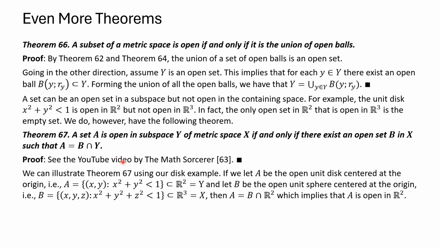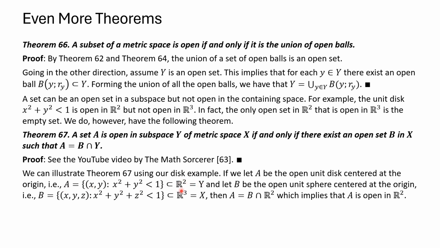We'll identify the different A, Y, X, B with our example here. So let A be the open disk centered at the origin. This is just the formal definition of A. And our set Y, our subspace, is R2.